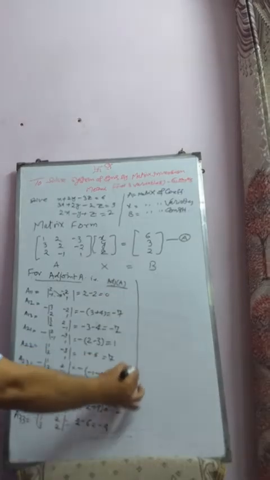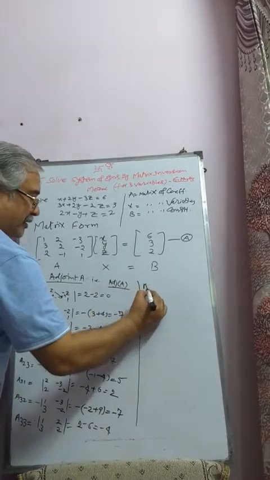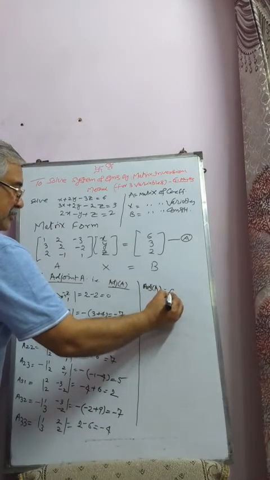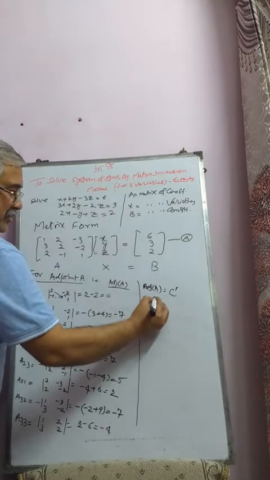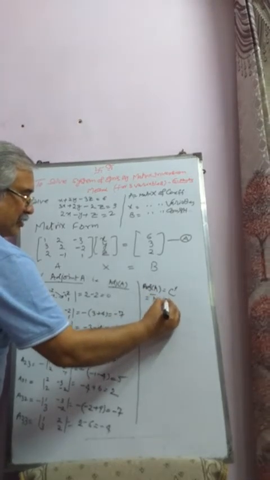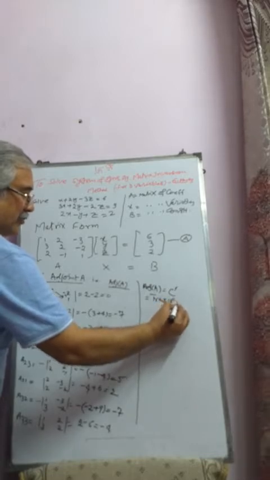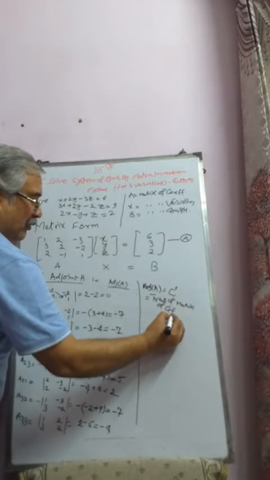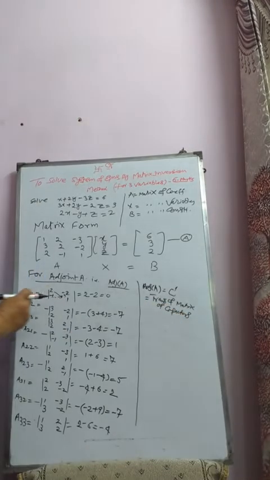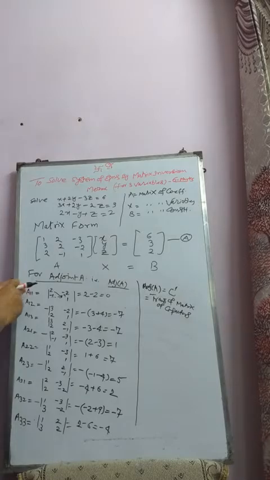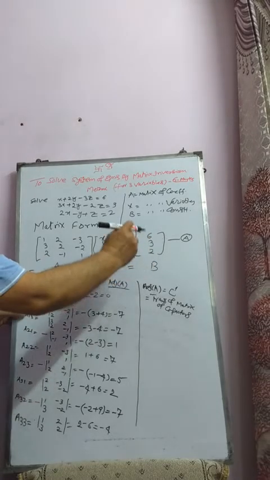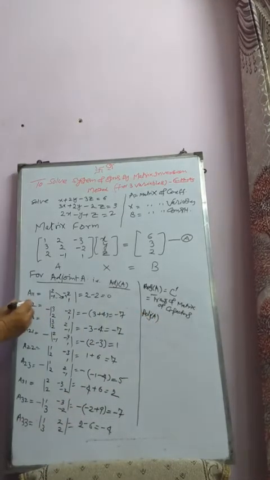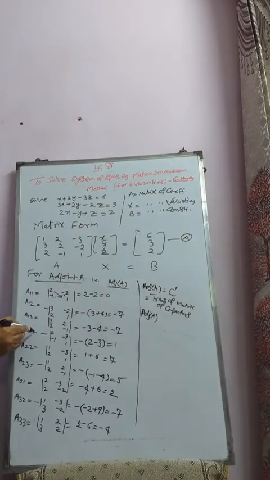Now we are writing adjoint A. Adjoint A is equal to the transpose of the matrix of cofactors. So if I am taking the matrix of cofactors, that is A11, A12, A13, I directly write it as adjoint A. Though these are making a row, transpose will make a column.